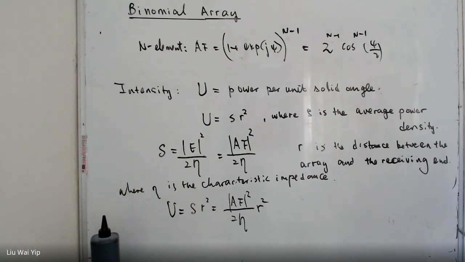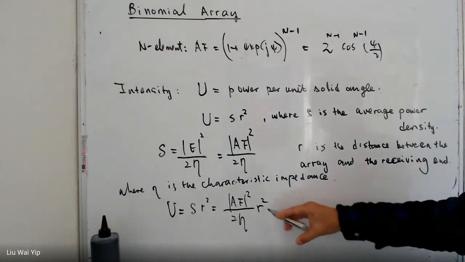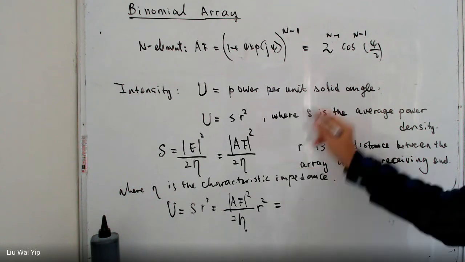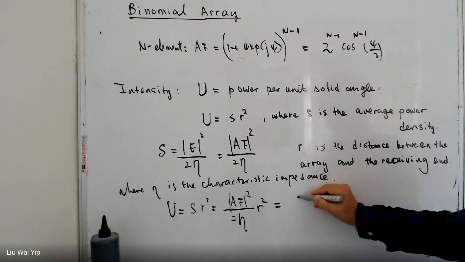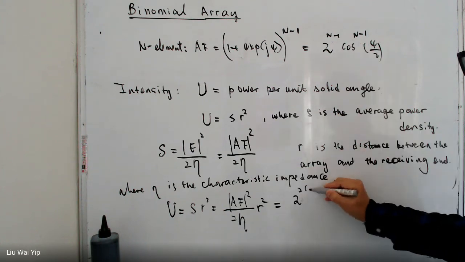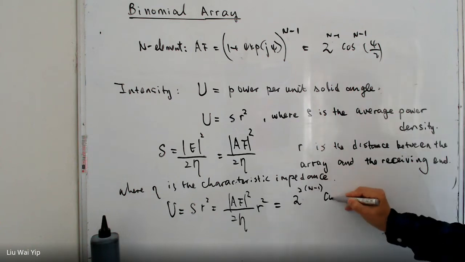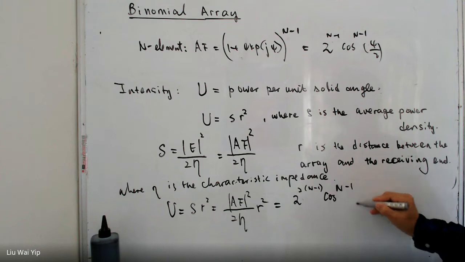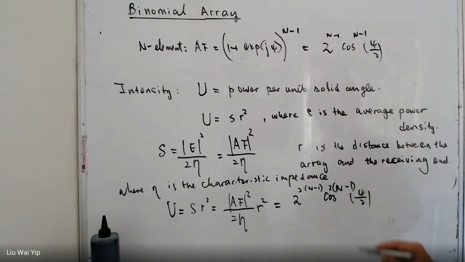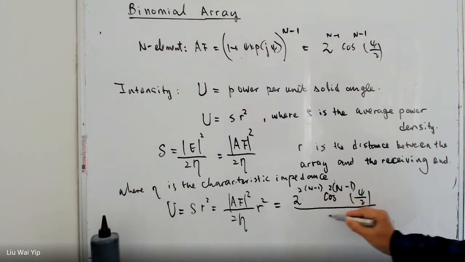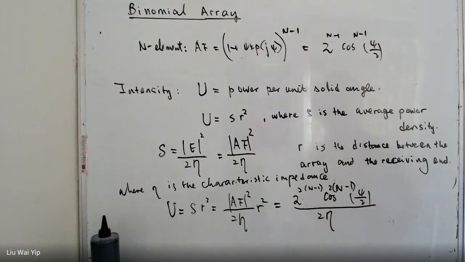And now our job is to find an equation here. So this is going to be 2n minus 1, and then this one here, and then 2, and then 5, 2. And do not forget that 2 eta. So this is going to be the intensity of this array.